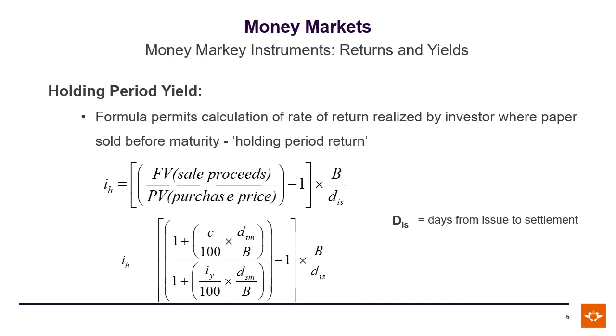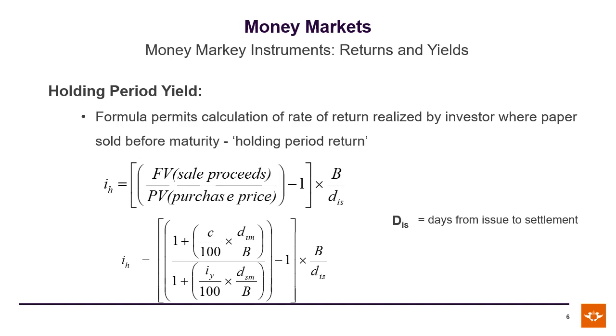So in essence, however long you've held the asset for, the price you generated when you sold the asset, over the price you paid for it, and again that is ratioed up for a year depending on the day count convention that you're using.